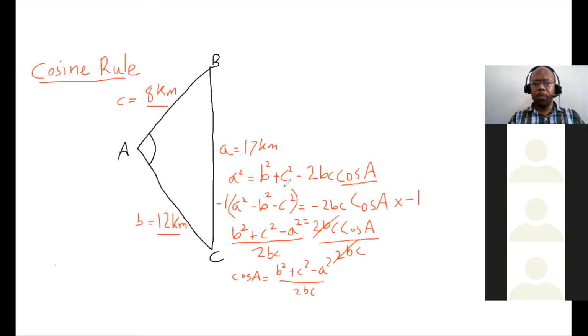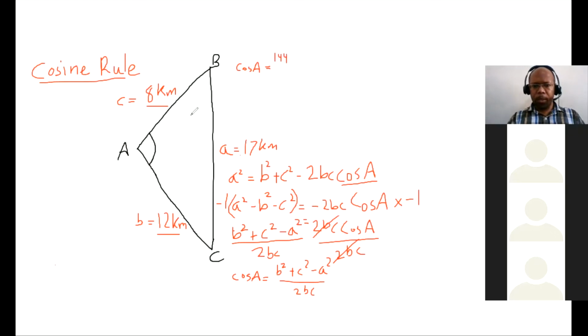Okay, now let's substitute. We know what our values are, so let's go up here. So cosine A equals B squared, that was 12. So 12 squared gives me 144.